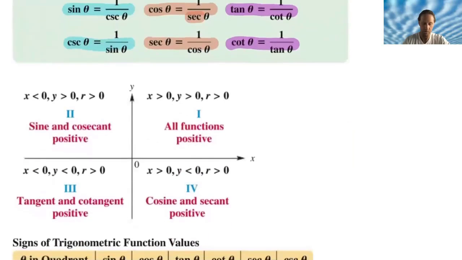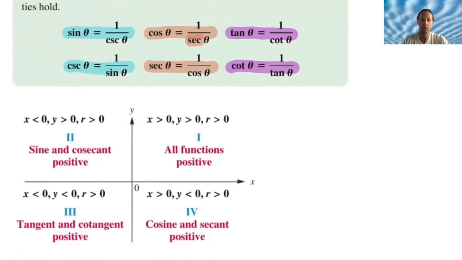All right. So next thing we're going to look at is where these things are positive versus negative. Now, if we were to write these all in terms of the x's, y's, and r's that we know they are, then we would be able to look at which ones are positive. Now notice that for every single one of these, r is positive.